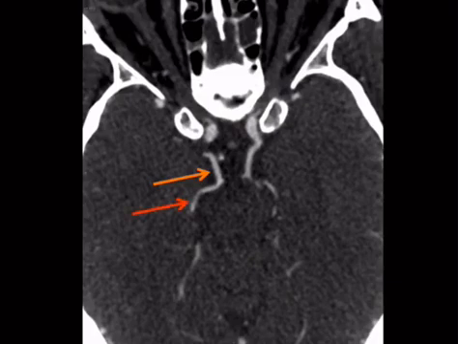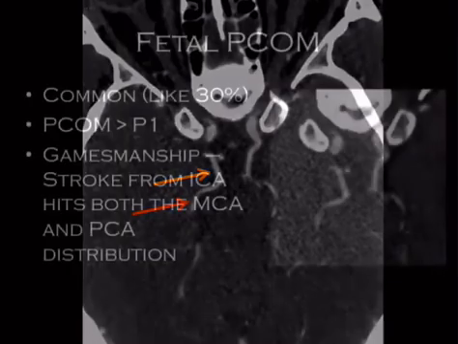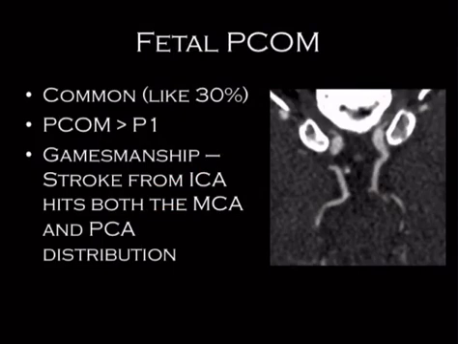All right, let's do some variant anatomy that's common. So this thing here has a special name. You may remember that this is called a fetal PCOM. Why did I call it that? I called it that because the posterior communicating, this guy, is the same size or bigger than this guy here, which is the P1 segment of the PCA. So anytime you see that, that's a fetal PCOM.